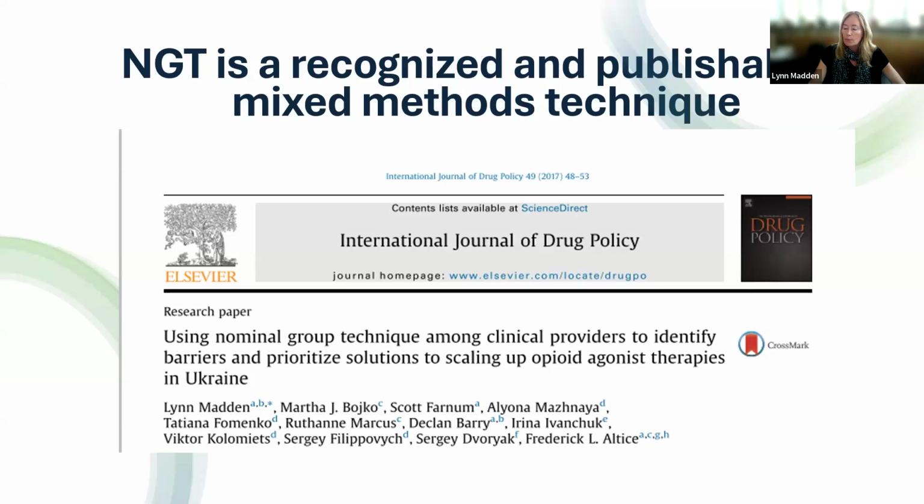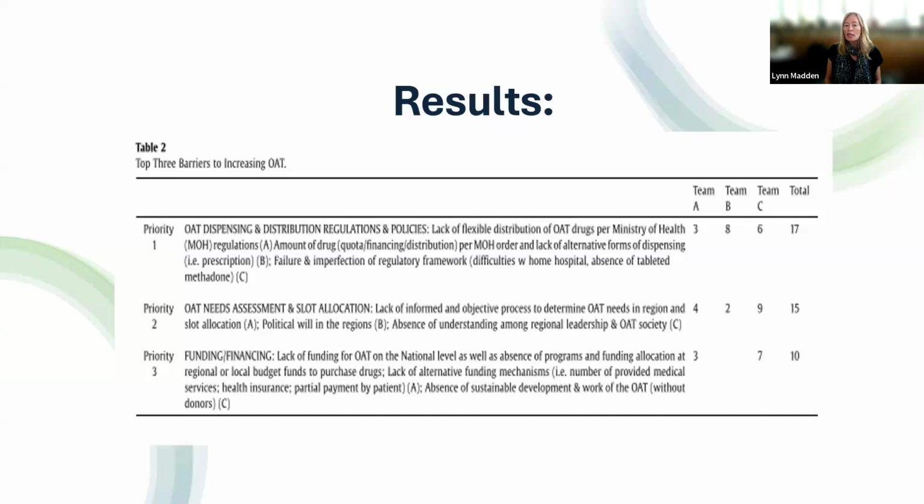There are all kinds of researchers and research teams working on this kind of approach in healthcare and in other public policy kinds of arenas. But this particular paper was focused on nominal group technique among clinical providers to identify barriers and prioritize solutions to scaling up opioid agonist therapies in Ukraine. So here are the results.